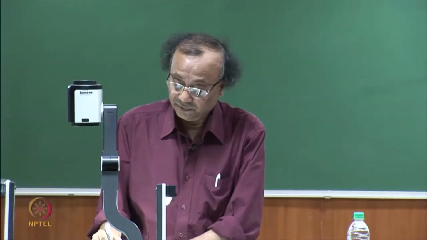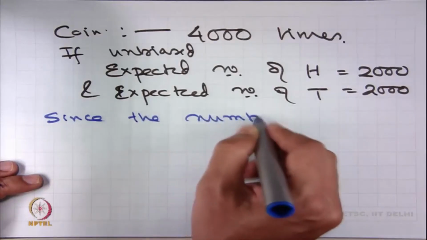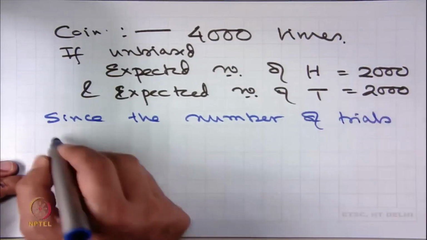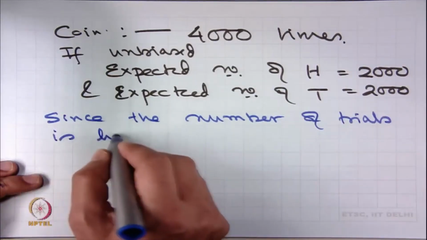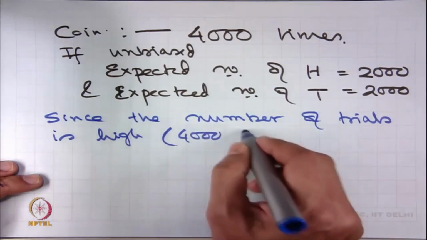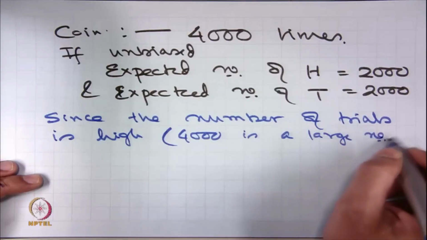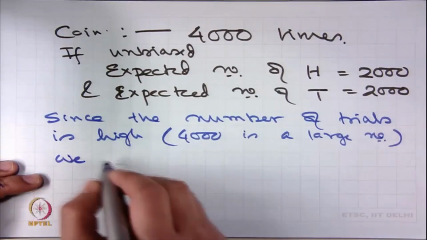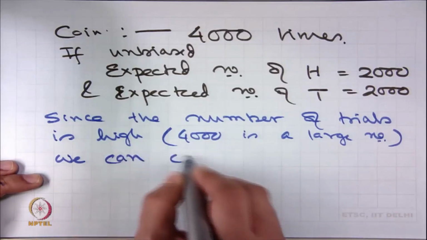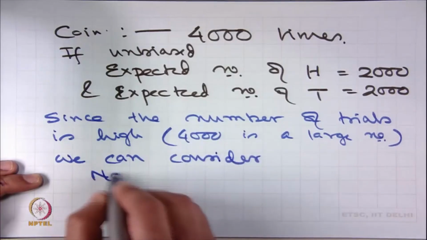Since the number of trials is high, that is, 4,000 is a large number, we can consider normal approximation.